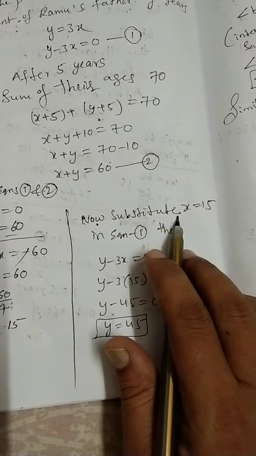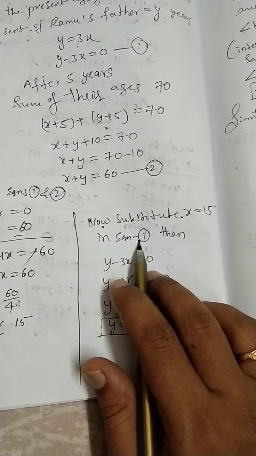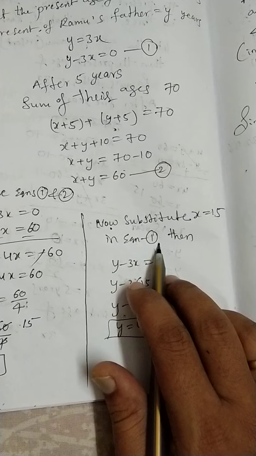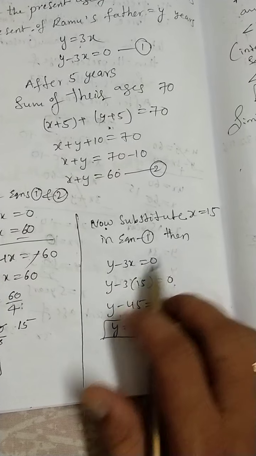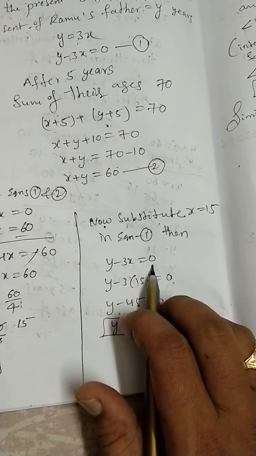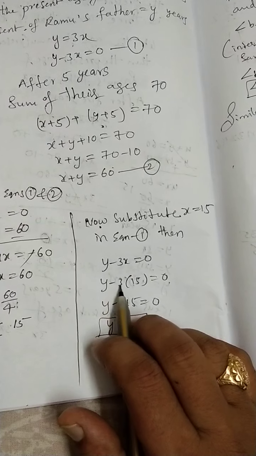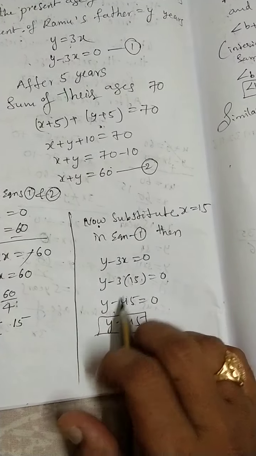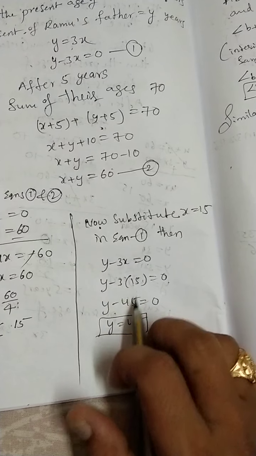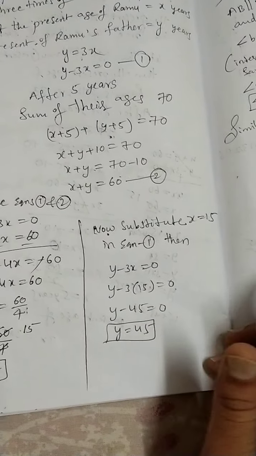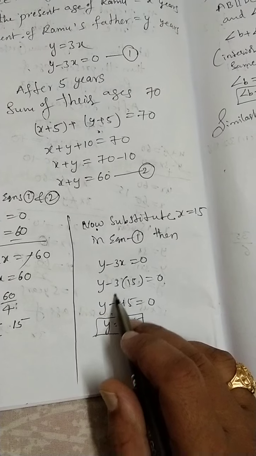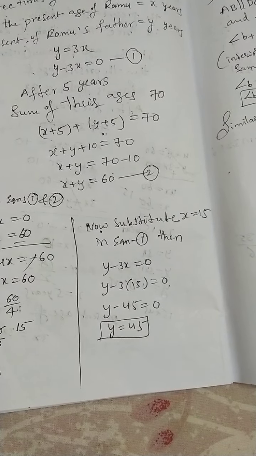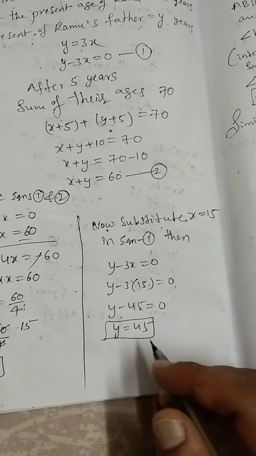Now substitute x is equal to 15 in equation 1 or equation 2. I substituted in equation 1. So y minus 3x is equal to 0. So y minus 3 into 15 is equal to 0. So y minus 45, 3 fifteens are 45. So y is equal to 45, transpose of subtraction becomes addition.